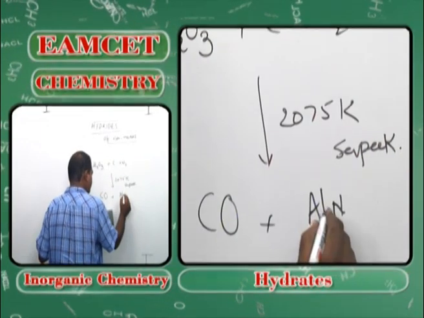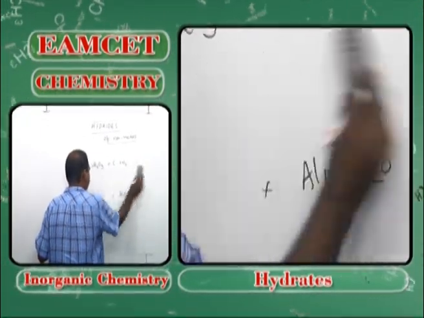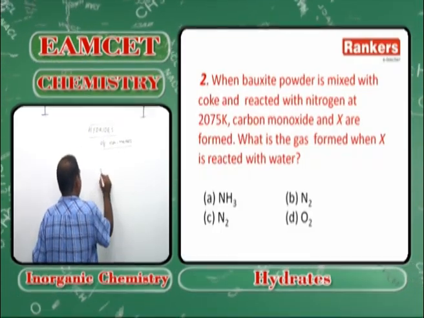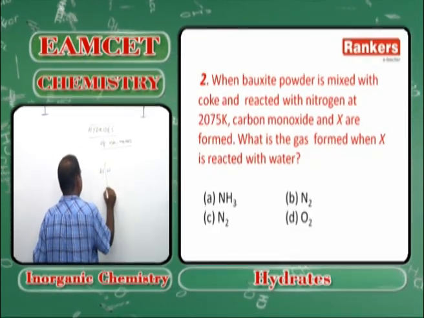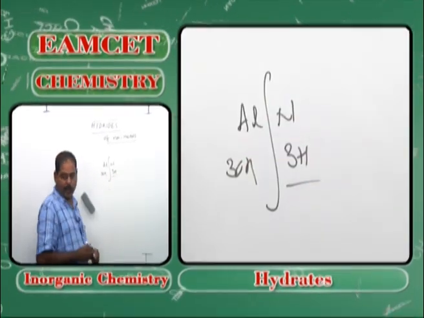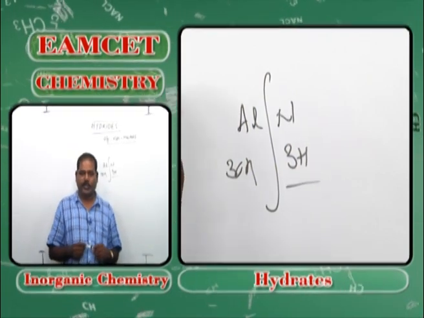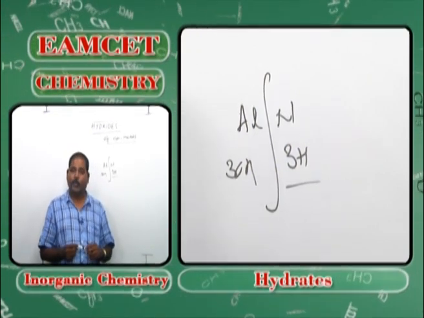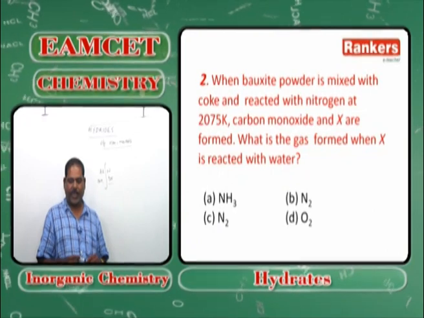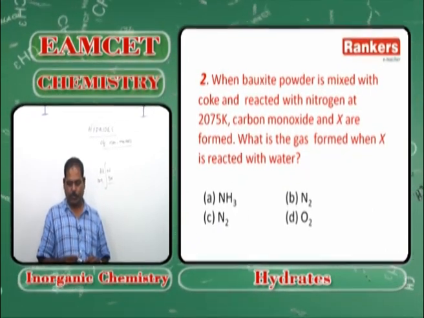Aluminum nitride plus water means hydrolysis. In the previous class, we discussed hydrolysis. Break the bond: 3H, 3OH. What do you get? Ammonia. We even mentioned that ammonia is the byproduct in the Serpek process. The answer is A, ammonia. Third question.